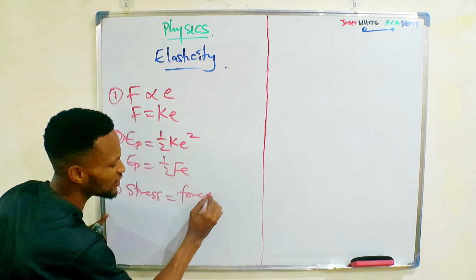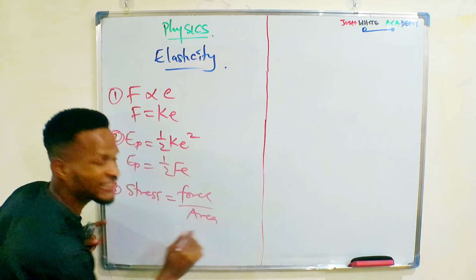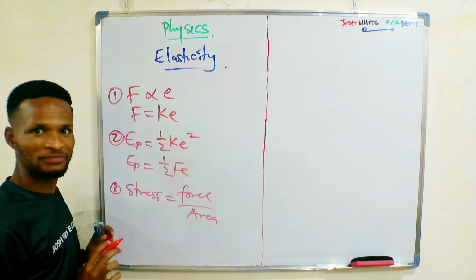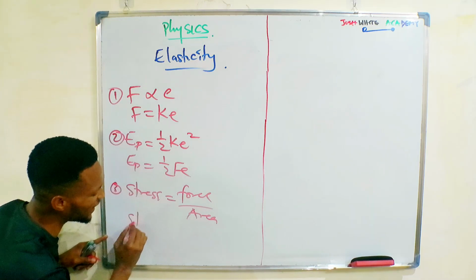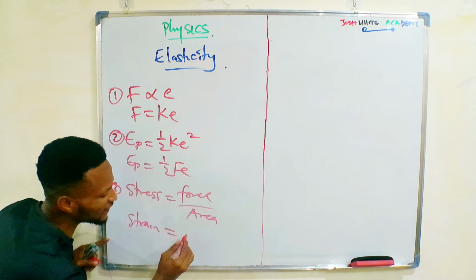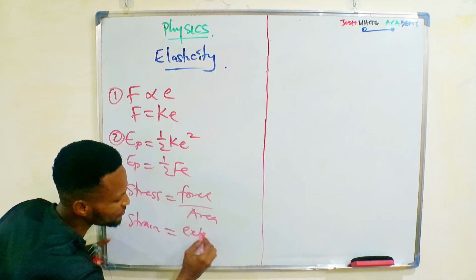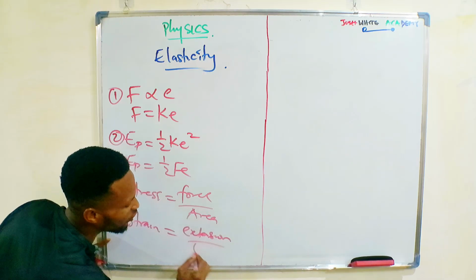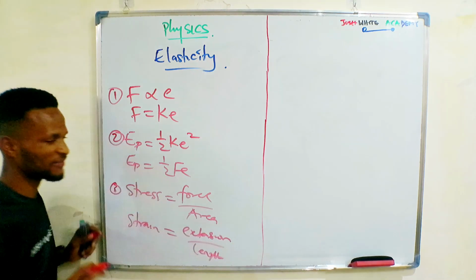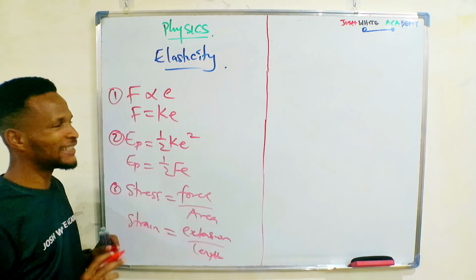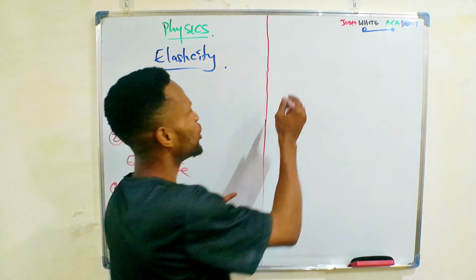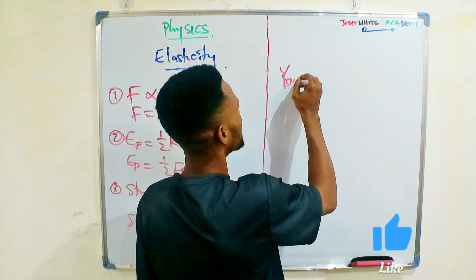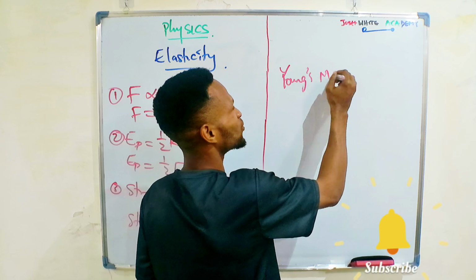Stress is force all over area, similar to pressure. Then we have strain. Strain is extension all over original length. That's our strain. Then we have what we call the Young's modulus.